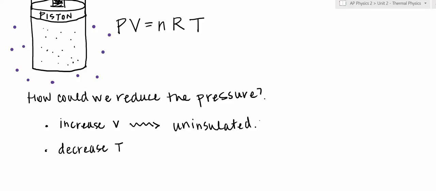What's going to happen to the temperature? It'll stabilize eventually. Equilibrium. It'll drop, and then it'll go back up, and it'll reach equilibrium with the environment. So if it's uninsulated, the temperature will remain constant.